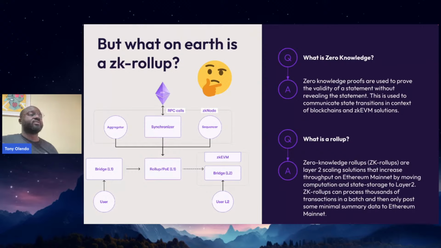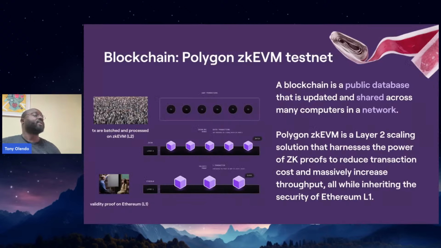And because we have data availability being provided by Ethereum itself, all of the transactions are rolled back into Ethereum, and they're made available inside of a specific smart contract that anybody could go in and check.